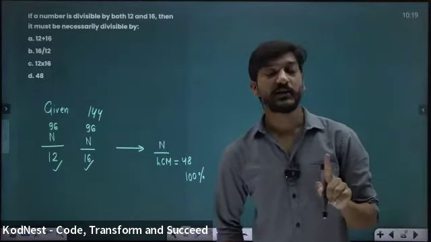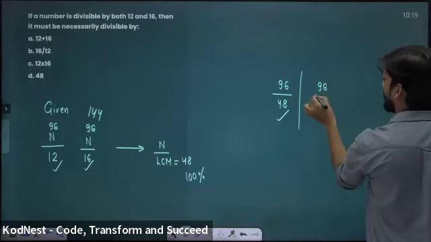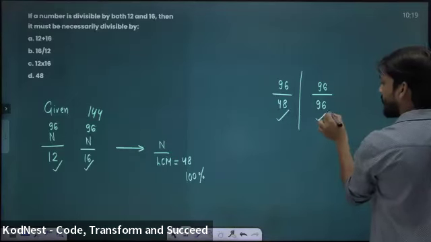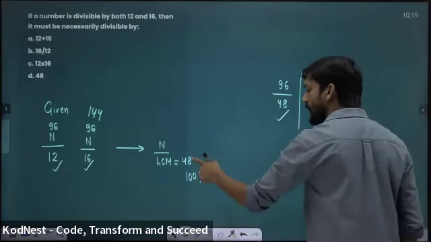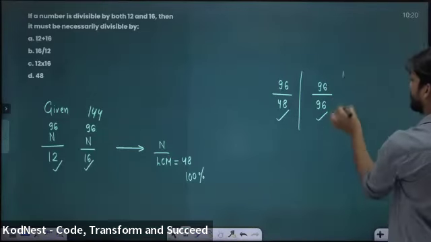Now you will ask, sir, one more thing. Sir, 96 is divisible by 96. Sir, why are you not giving a guarantee for 96? Why just 48?